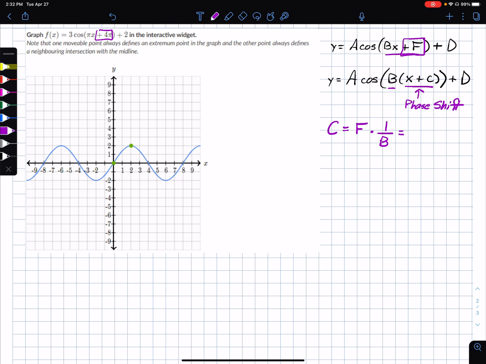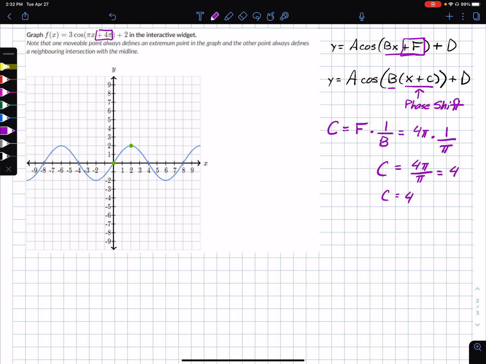So F is positive 4 pi, and we're going to multiply that by the B value's reciprocal. In this case, B is pi, so 1 over pi, and that will turn into 4 pi over pi, which you know will reduce to just 4. So our C value turns out to be just positive 4.